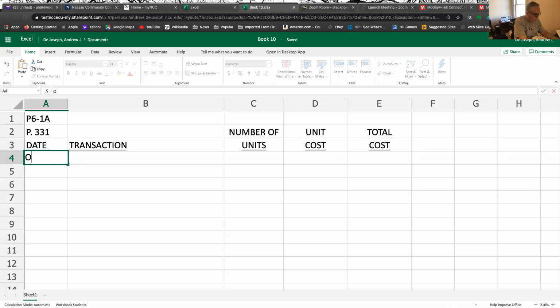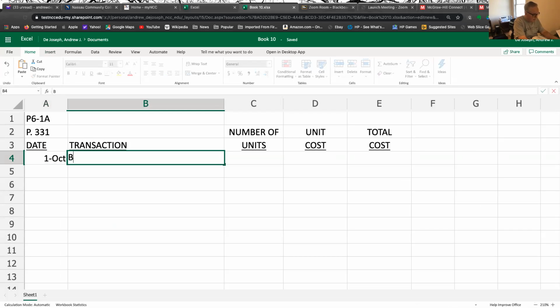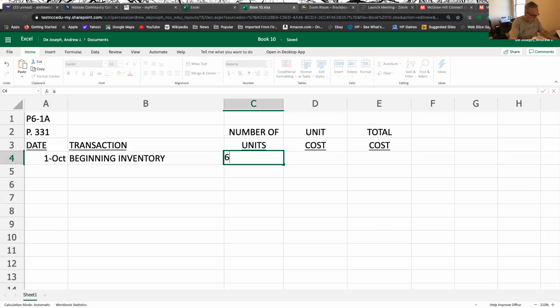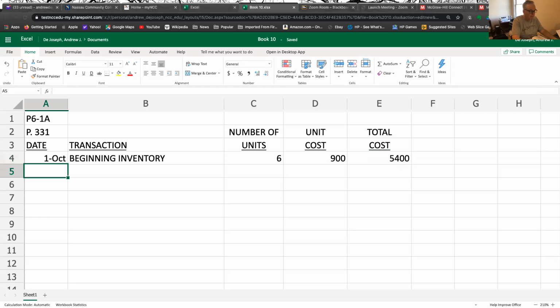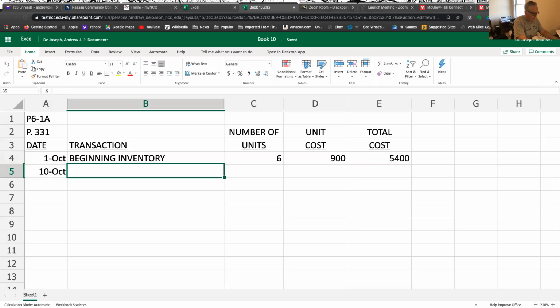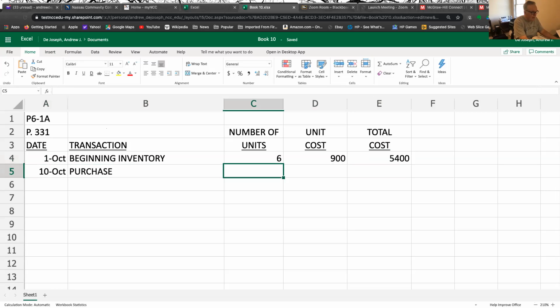We have October 1st, beginning inventory. And we had 6 units that we paid $900 apiece for. That's a total of $5,400. And then on October 10th, we made a purchase. I'm not interested in the sales yet.